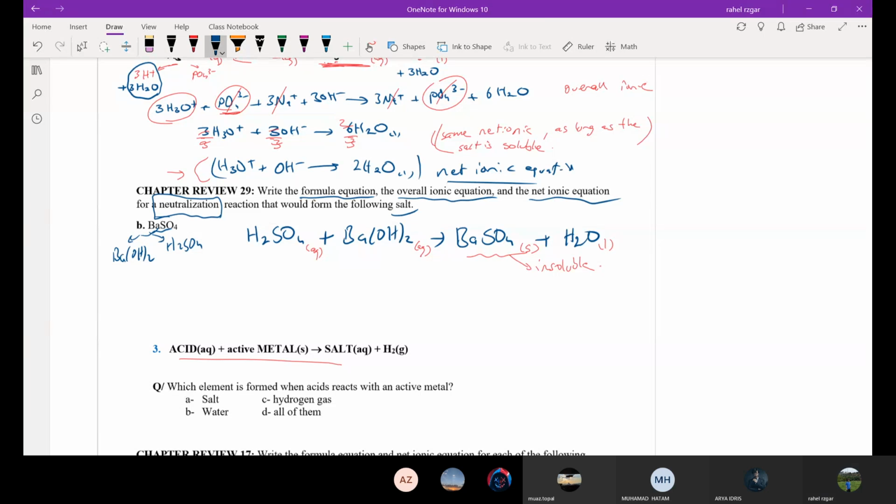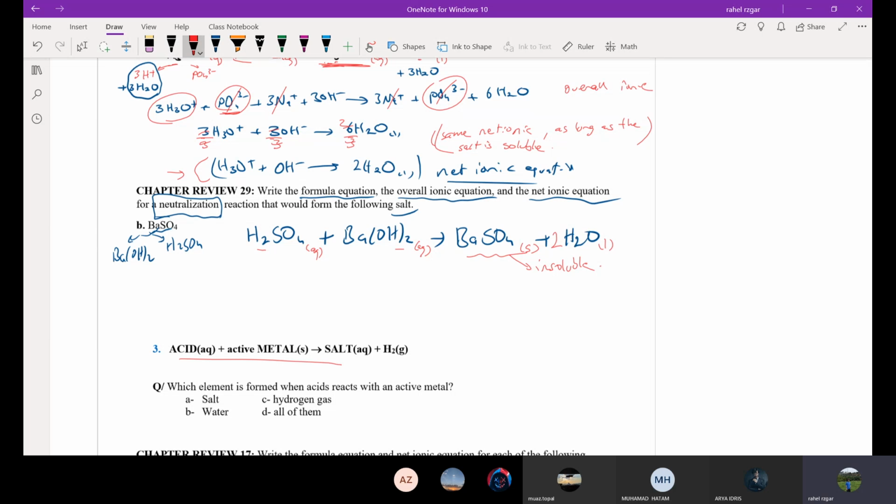Now let's write the overall ionic equation. But first, let's balance it. Sorry, I forgot to balance it. We have one SO4, one SO4, one Ba, one Ba. But if you look at it, we have 2 hydrogen on one side and 4 hydrogen on the other. So we have to put a 2 here to balance it.